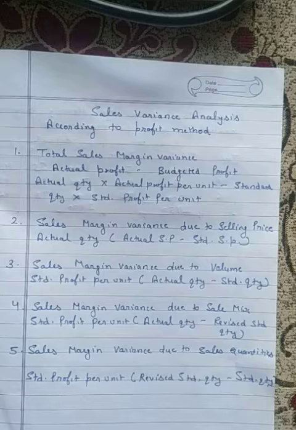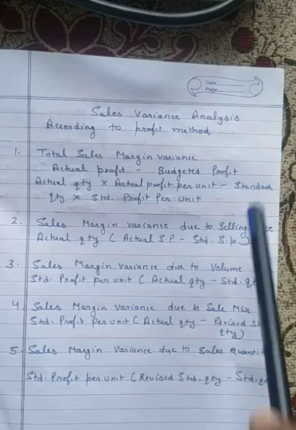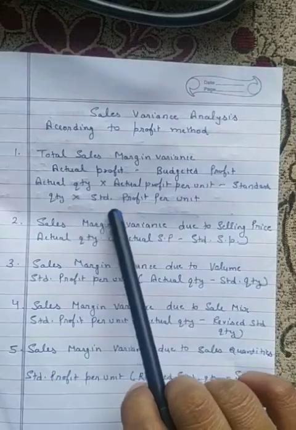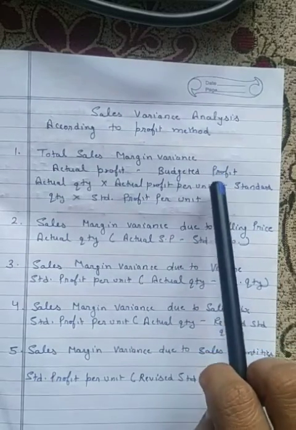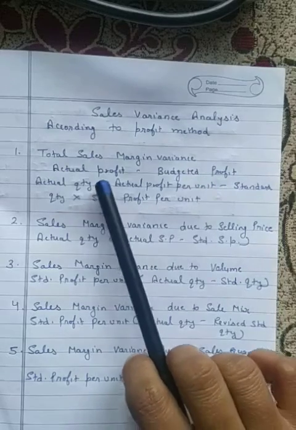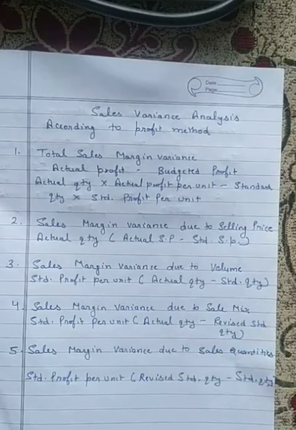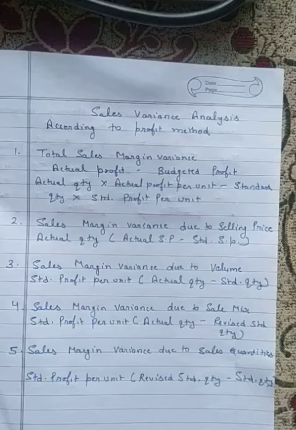When you multiply the actual quantity with the actual profit per unit, you will get the actual profit. And when you multiply the standard quantity with the standard profit per unit, then you will get the budgeted profit, and when you subtract the budgeted profit from the actual profit, you will get the total sales margin variance.